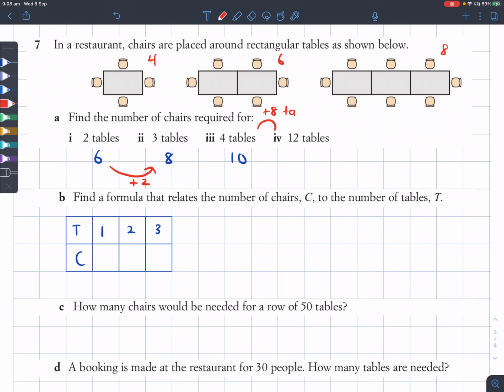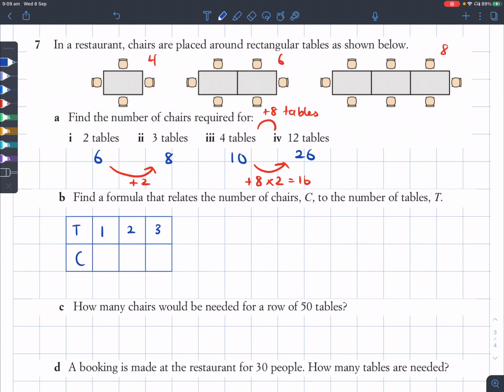Now, each of these tables that you add on would add 2 to the number of chairs. So you take the 8 tables that you add on, times by another 2, that equals 16. So if you add 16 to that, you will get 26. Okay, so you need 26 chairs around 12 tables.